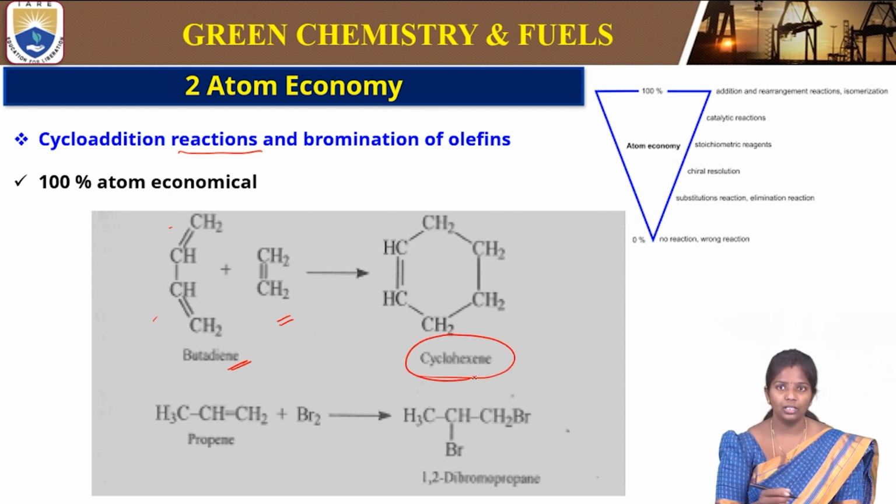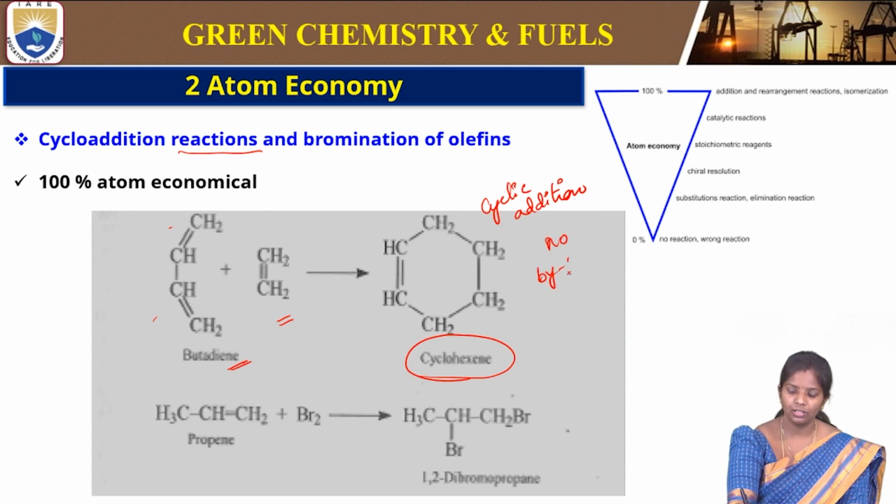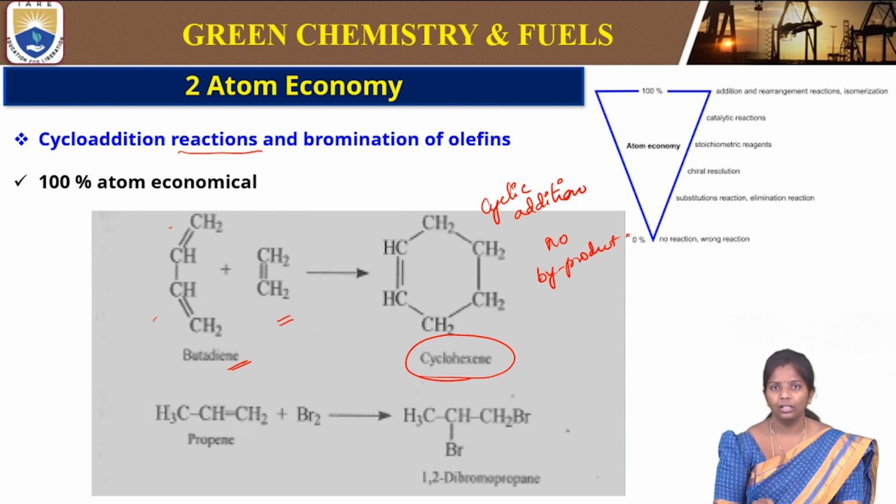So it forms a cyclic compound. Cycloaddition is taking place, with no byproducts or waste forming. Therefore, it is 100% atom economical.